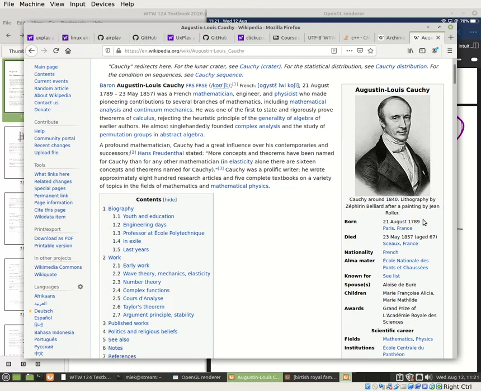And let's just take a look here. When did he live? He lived from 1789, died in 1857, which makes it about 2,000 years. So the work that we are studying now was developed over 2,000 years. It took people 2,000 years to come to grips with limits. We expect you to come to grips with limits in a semester.